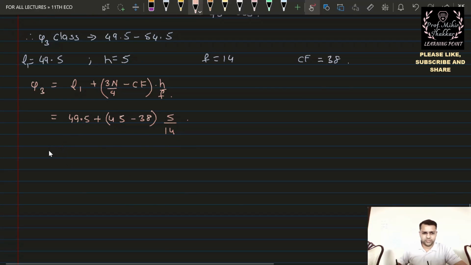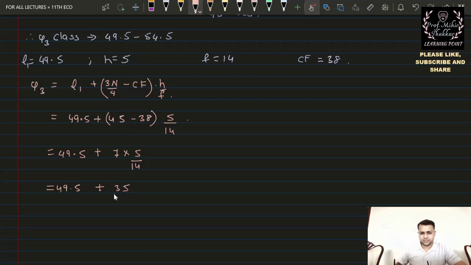So you will get over here 49.5 plus 45 minus 38, that will give you 7 into 5 upon 14, which is 35 divided by 14. 35 divided by 14 is approximately 2.3 or so, and you have to add this to 49.5.